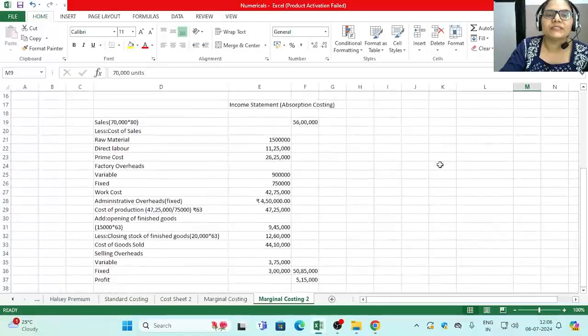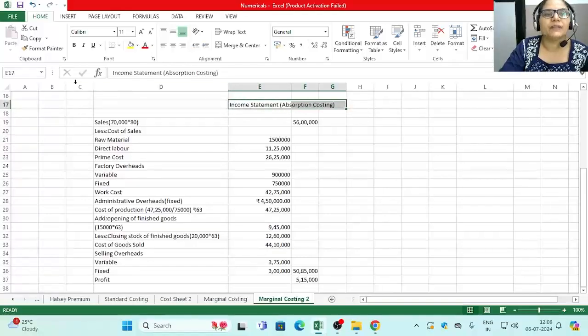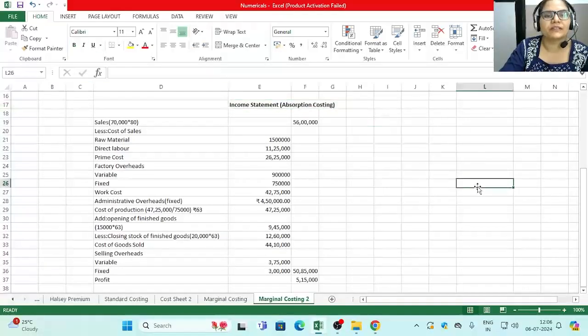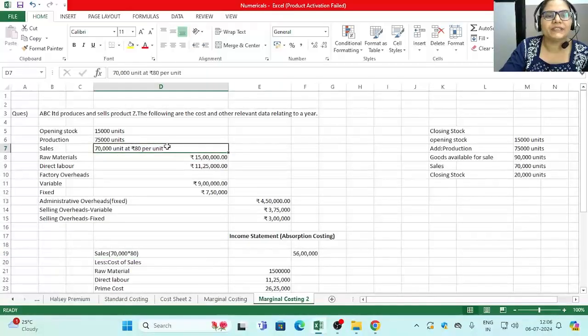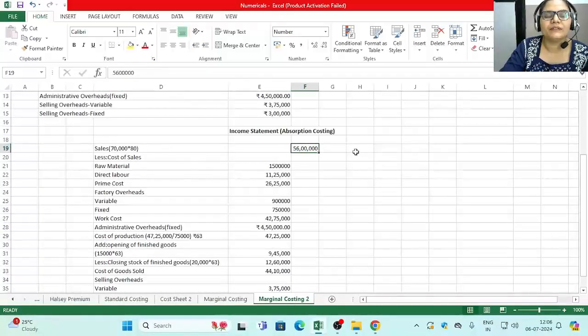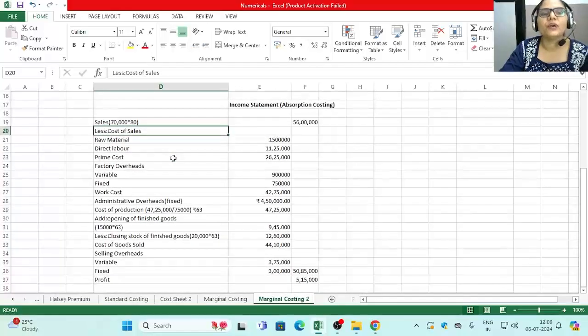Now let us proceed in making an income statement under absorption costing. We know sales is 70,000 units at the rate of rupees 80 per unit. So sales, output into price per unit, will give you 56 lakhs. From this we will deduct cost of sales. When we are preparing the income statement under cost of sales, we usually do not differentiate between variable cost and fixed cost.